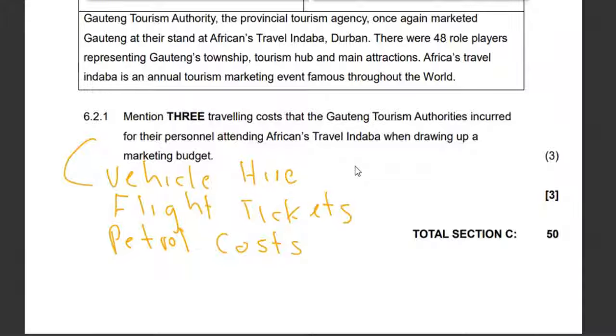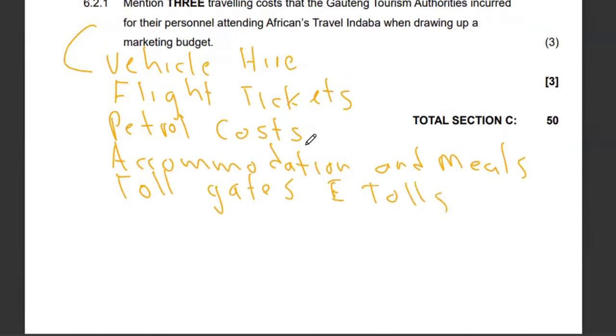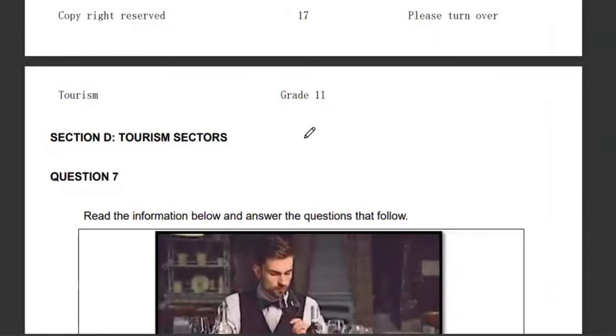Then in addition to that, accommodation and meals. Then toll gates. In addition to toll gates, e-tolls. So all these are different traveling expenses which they might have incurred.